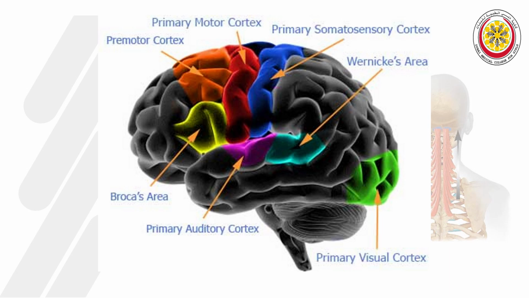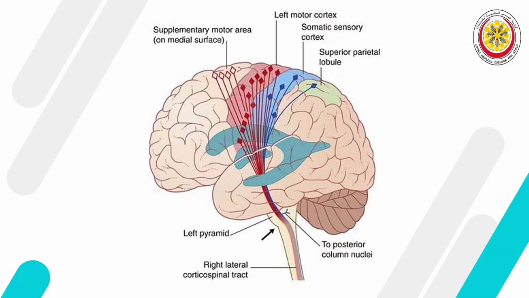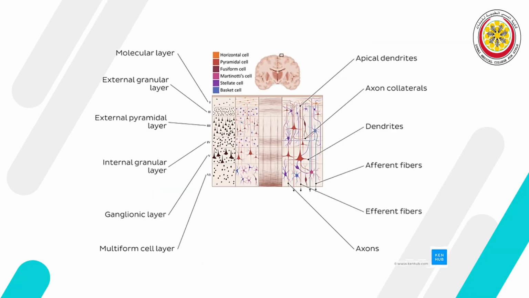Motor areas, two thirds, sensory areas, one third. And a reminder of the cortex, you remember the 6 layers. Now, do you find all 6 layers in all cortical areas?